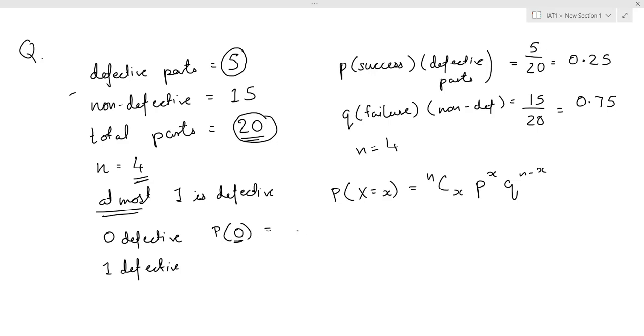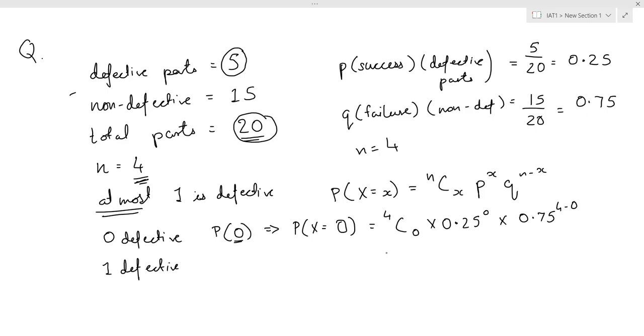So we are interested in what? Probability of x is equal to 0. So it means there should be 0 defective parts, right? So what is our sample space? 4, n is equal to 4. So we write 4C0. What is the probability of getting a defective part? 0.25. So 0.25 raised to 0 into 0.75 raised to 4 minus 0, which is going to be 4.